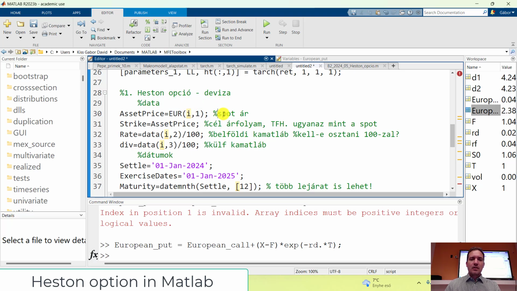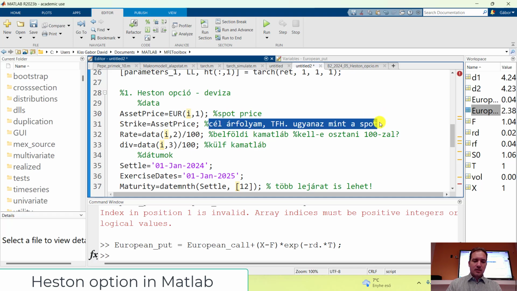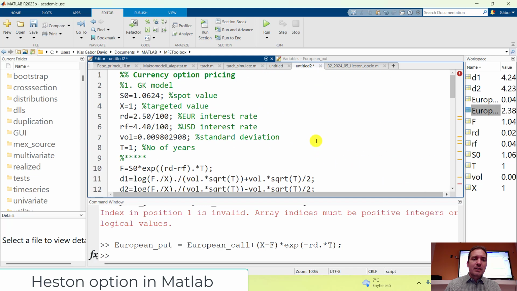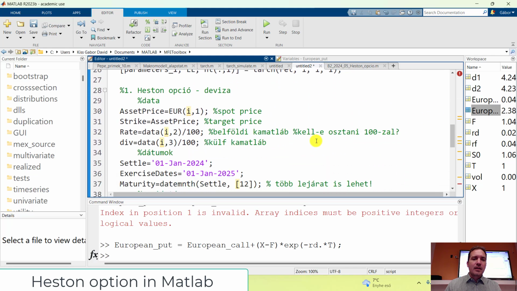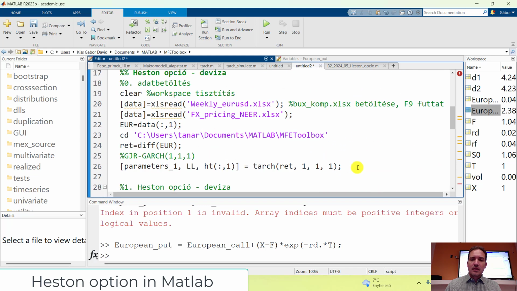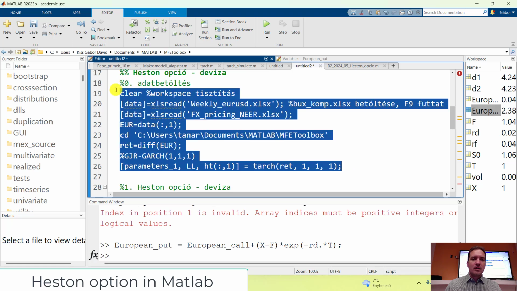So data against spot price, target price, so we just have to copy and paste already. Oh, I have to run this one as well.